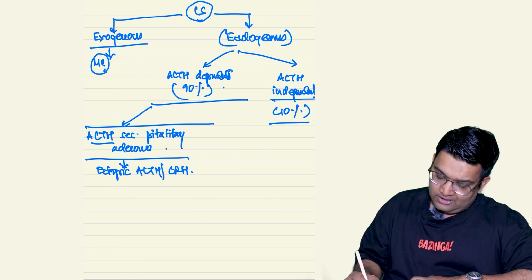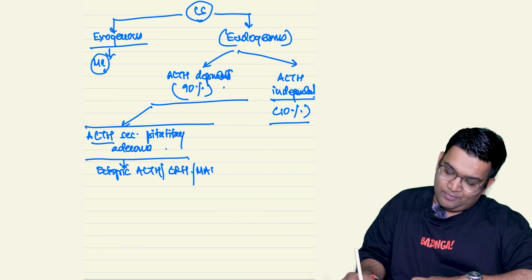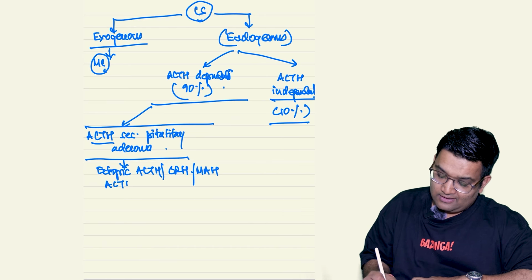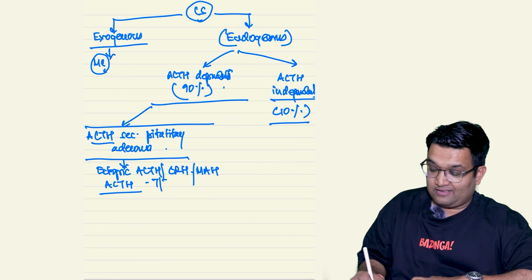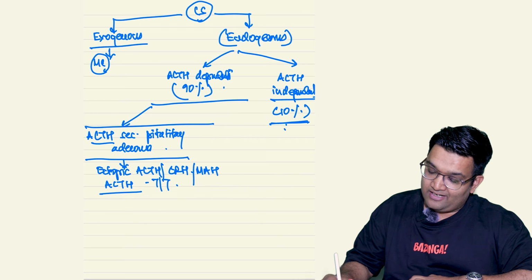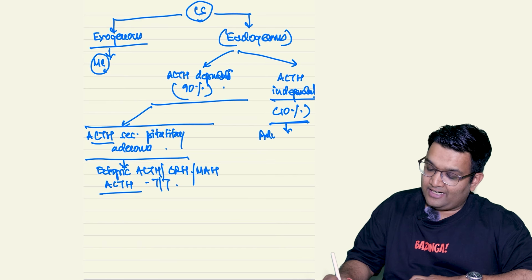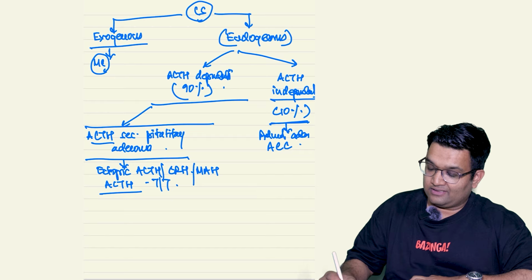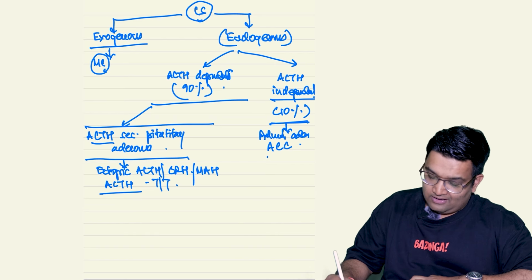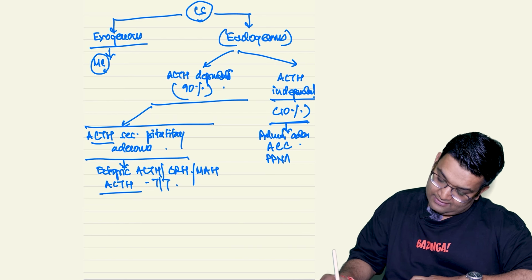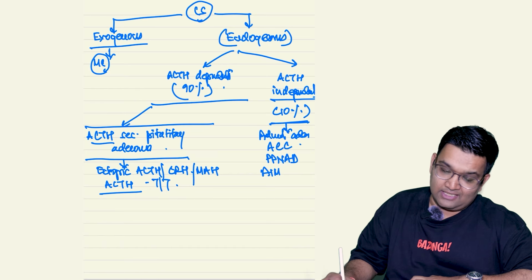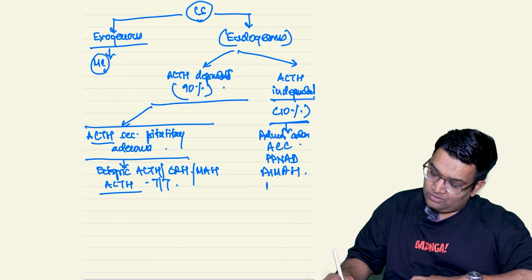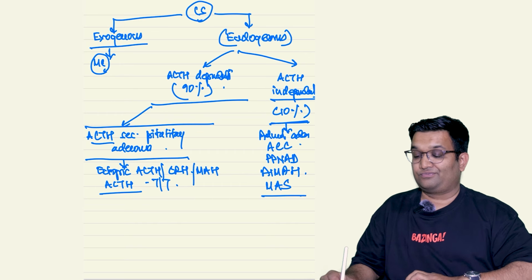We also saw macronodular adrenal hyperplasia and ACTH as a treatment. While in pituitary independent, we saw adrenal adenoma, adrenal carcinoma, then we saw our PPNAD and AIMAH, and we also saw McCune-Albright syndrome. Alright.